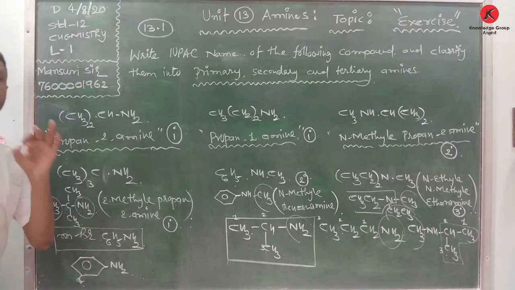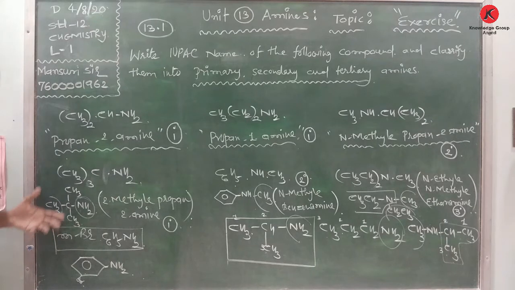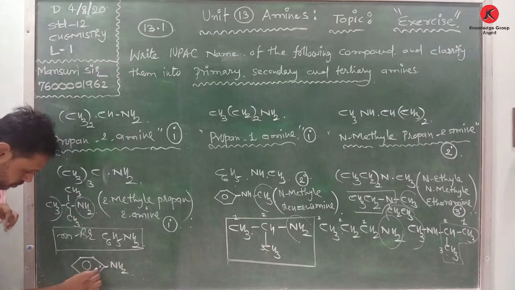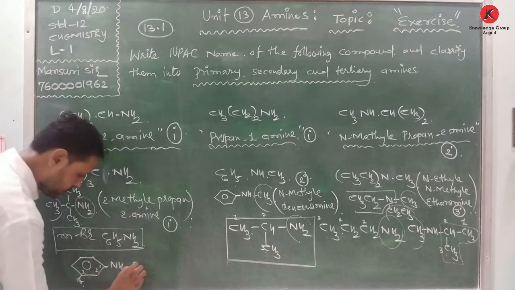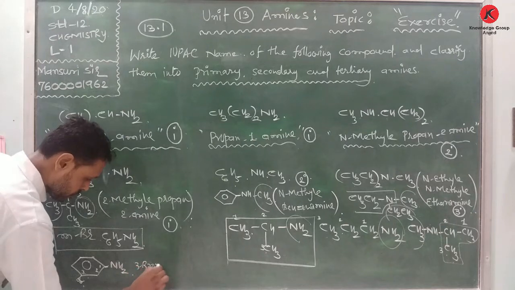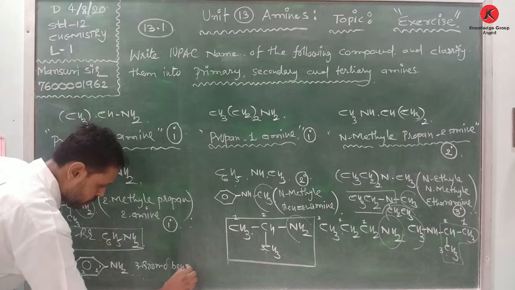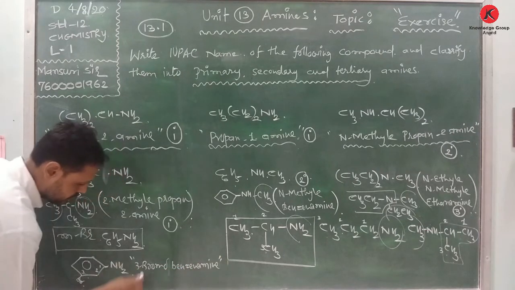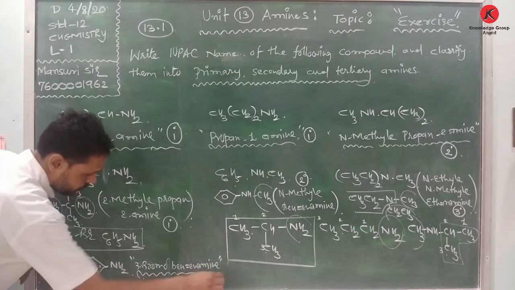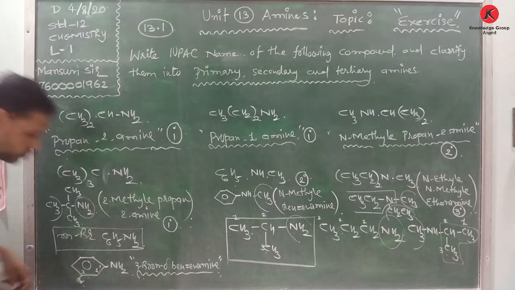This is the common name, but whenever you use the IUPAC name, you have to write it with numbering. So 1, 2, 3: 3-bromobenzenamine. And here a primary amine is given to you.